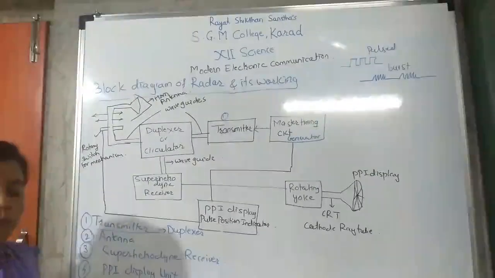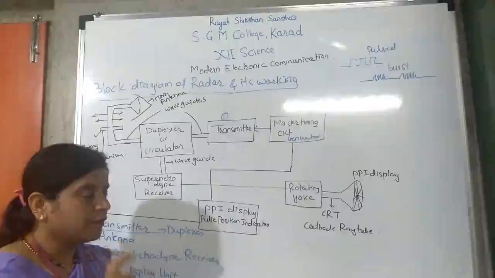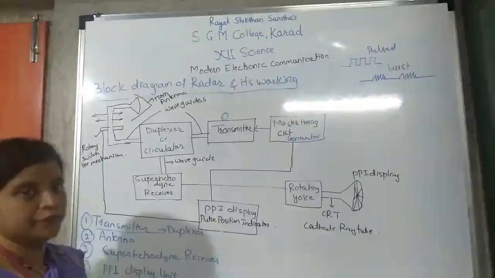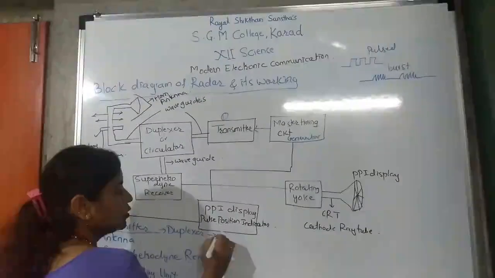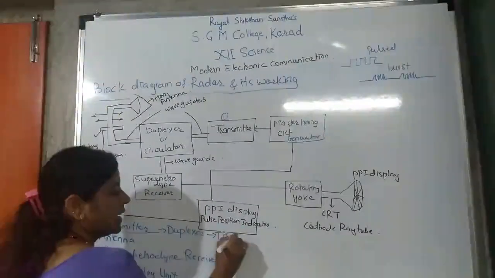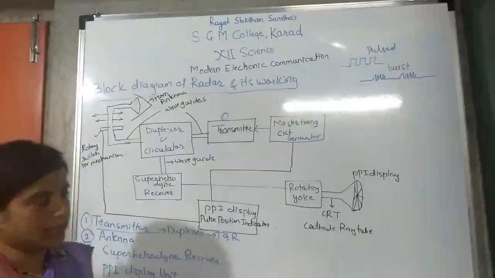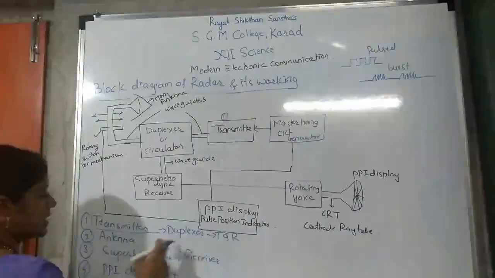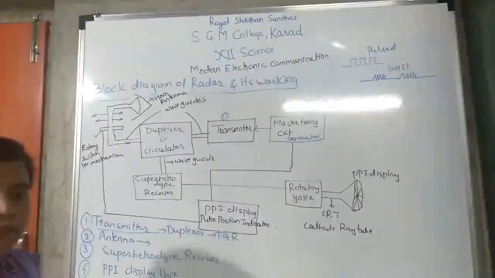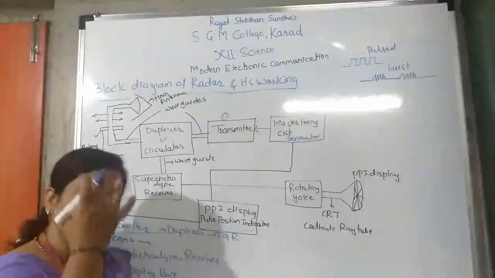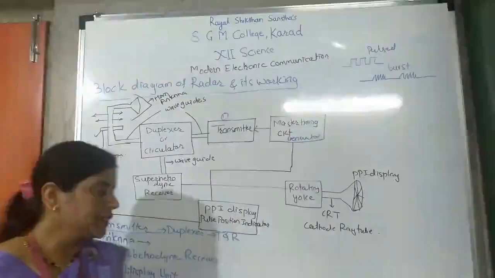Because the duplexer is used for transmitter and receiver both. Therefore, it is called a duplexer or circulator. And this duplexer is connected to the antenna. What is the function of the antenna? The antenna catches the signal and gives it to the receiver.